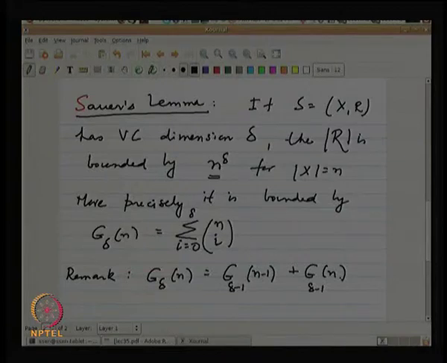So, either we choose the nth object or we do not choose the nth object, right.